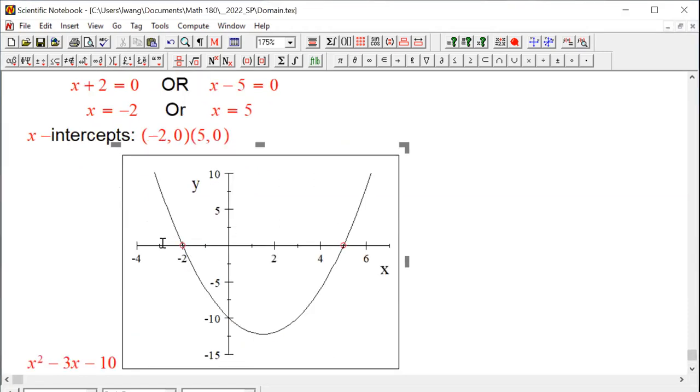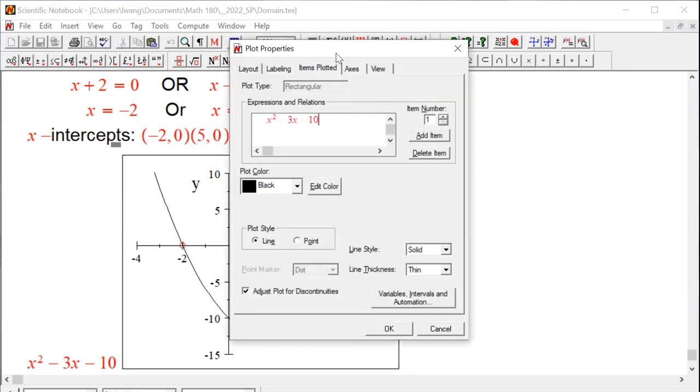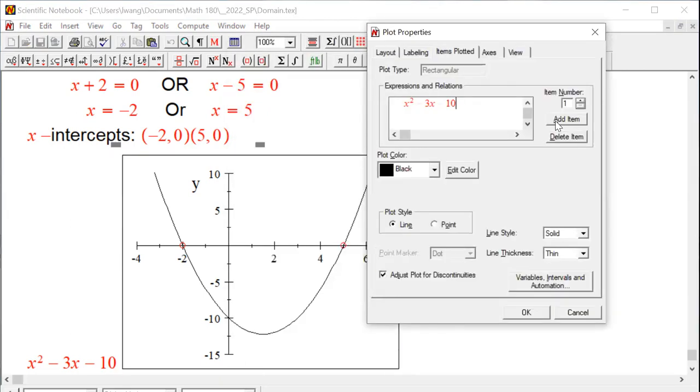The numbers outside are less than -2 or bigger than 5, so we're going to mark those intervals, and you will see it's absolutely consistent with what we have studied.